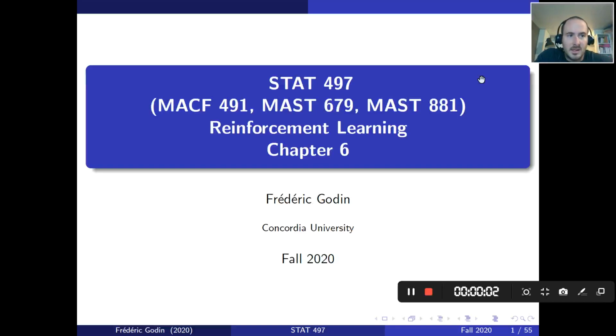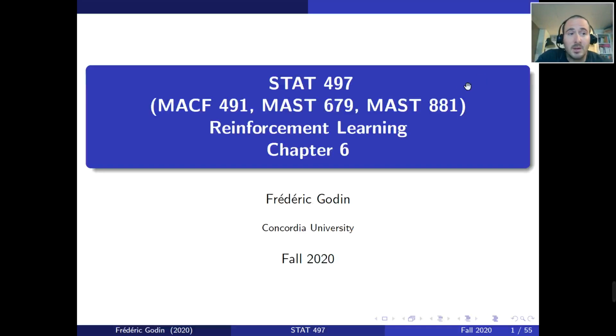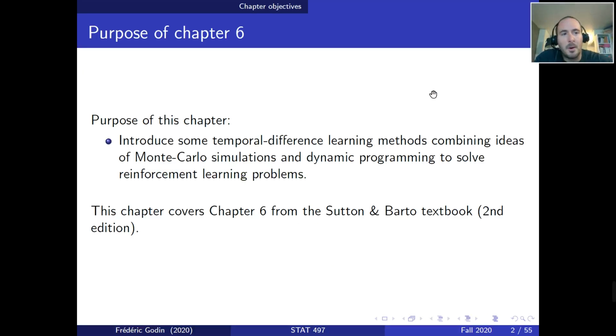Hello everybody, this is the first video associated with Chapter 6 of the Reinforcement Learning course. The purpose of this chapter is to introduce a family of procedures called Temporal Difference Learning Methods, which combine ideas from both Monte Carlo reinforcement learning methods we've seen in the previous chapter and dynamic programming approaches we discussed in chapter 4.